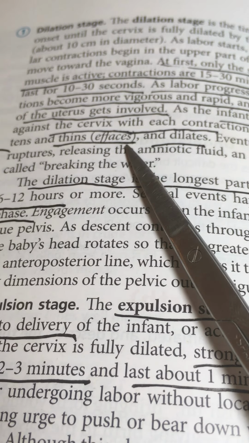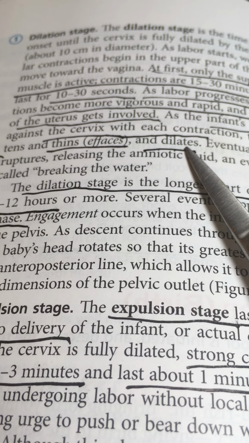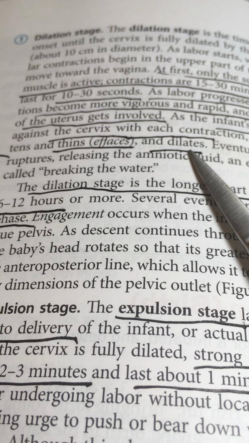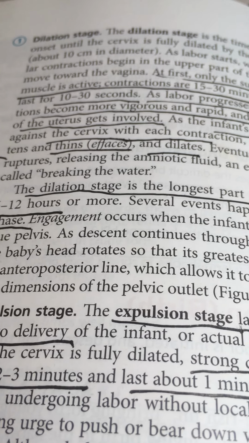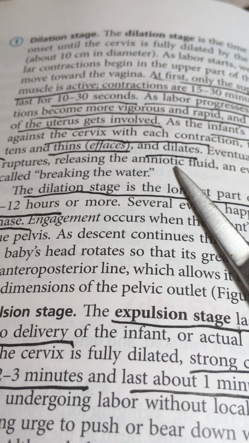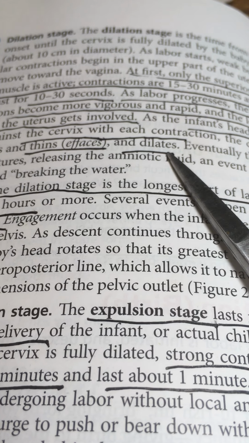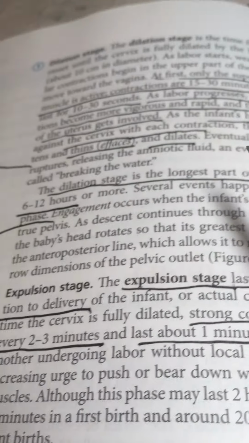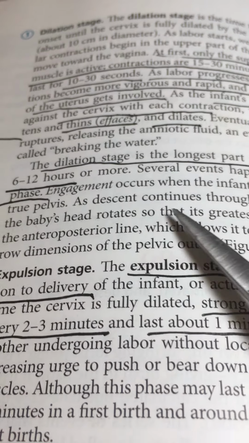It's thinned. And then ultimately the entirety of that canal is becoming, in terms of its diameter, much, much wider. It's dilating. And at that point, we can actually begin to see the crown of the baby's head. Usually we have to get to the place that is about 4 inches in diameter.